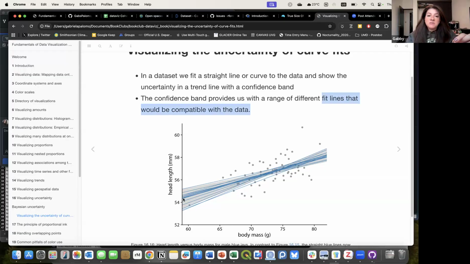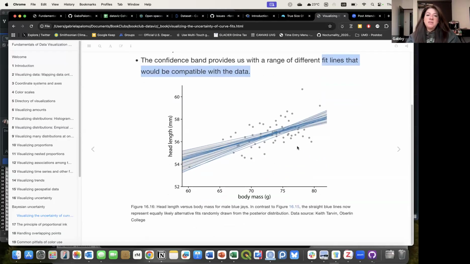So even though we see just one fitted line, which is the equation that we essentially come up with when we do a linear regression or a linear model, the confidence band, this gray area around it, is really giving us all the possible fitted lines that we could draw that still would make sense given the data that we have. So that's why when we draw all those lines, it usually is wider around the edges, so here and here, but then it becomes very thin in the middle because all the lines converge there in the middle.